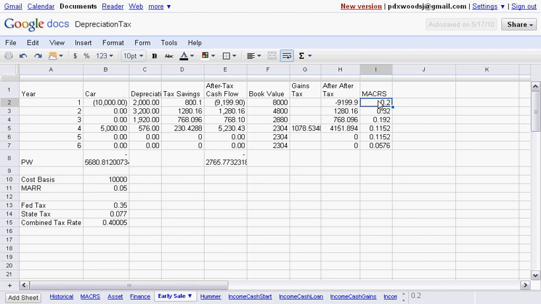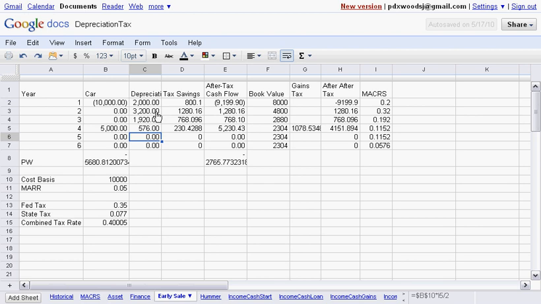You get 32% the second year, and that's why we have $3,200 worth of depreciation in the second year. So you follow the pattern in the table until you get down to the year of sale. And what happens there with the early sale is you get half of the depreciation that year. And we mean that quite literally. You just cut it in two. You don't do anything fancier than that.